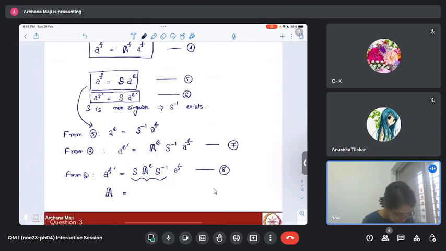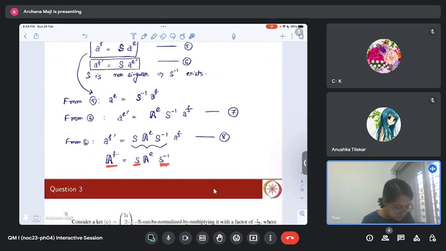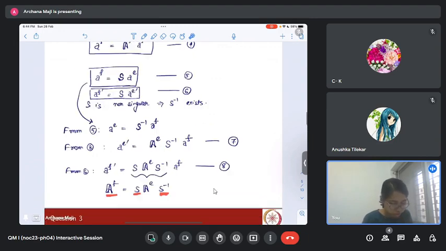So AF is equal to, so it's called a similarity transformation. So these two are related by a non-singular matrix like this.